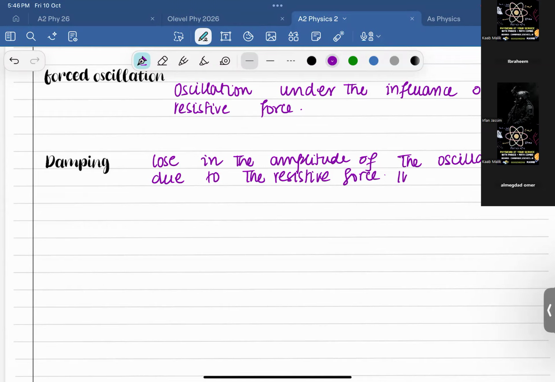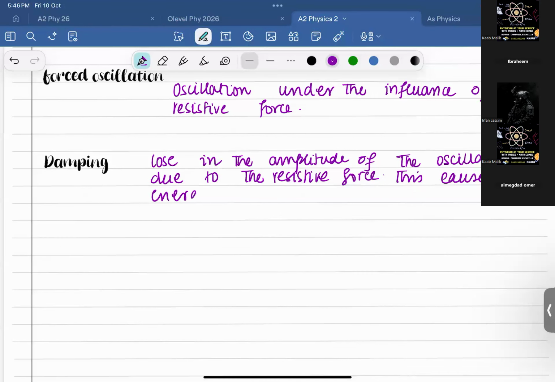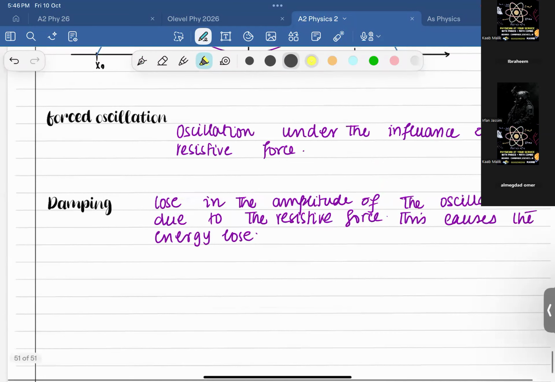Okay. So you cannot directly observe the energy loss, but the energy loss is related with some things, and these are basically the concept of damping, right? Where you can see the amplitude is not the same as the amplitude of the previous oscillation. So you can say that the amplitude is decreasing because of the decrease in energy due to the presence of the air resistance, called damping. Okay.